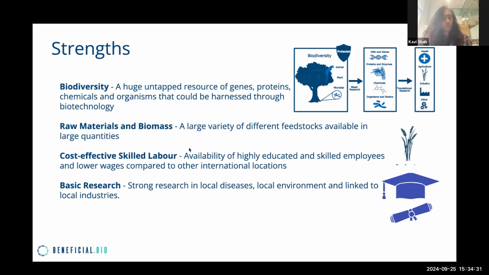So the 4 key strengths of biomanufacturing in the region are biodiversity, raw materials and biomass, the cost-effective skilled labor, and the strong foundational research in the region. And so biodiversity is a huge untapped resource of genes, proteins, chemicals that could be synthesized, and organisms that can be translated through biotechnology.